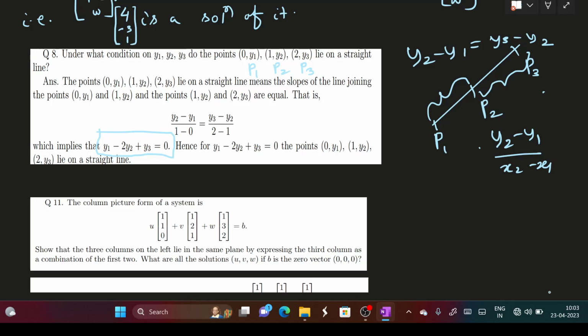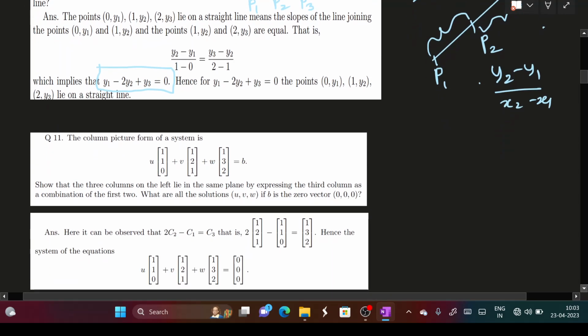Next part of the question is, what are all the solutions U, V, W if B is the zero vector? This is the question. So let us write down.